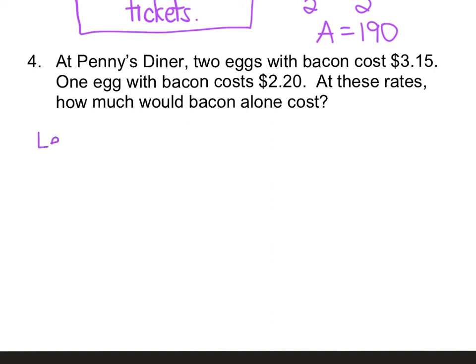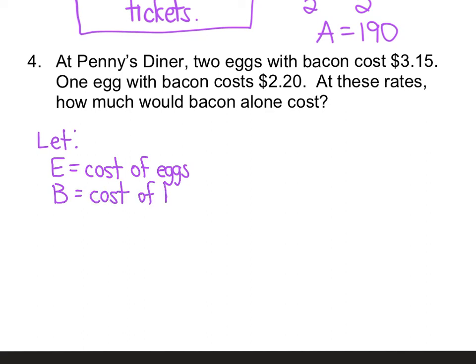So my let statements. I'm going to let E equal the cost of eggs. And I'm going to let B equal the cost of bacon. So now let's go back and write our equation. It tells us 2 eggs with bacon is $3.15.